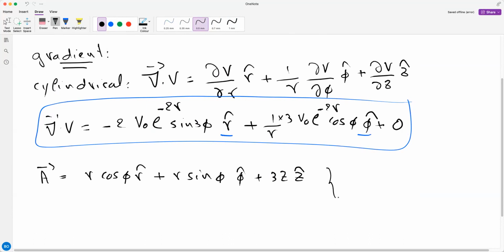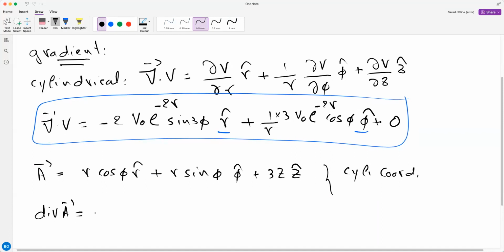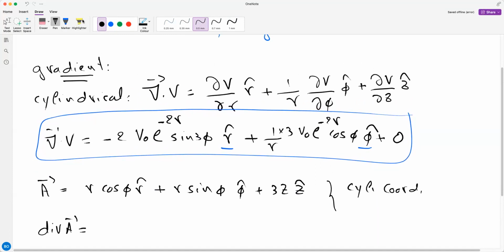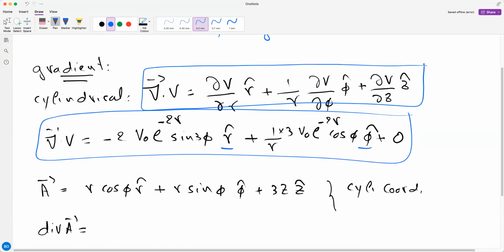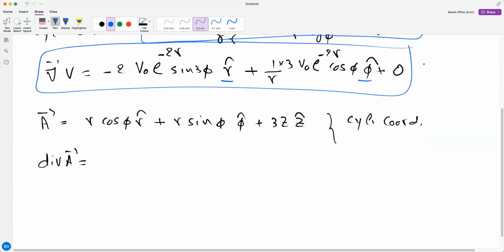It is clear that this is a vector represented in cylindrical coordinates. The question is to calculate the divergence of this vector. Now we want to go for an example on the divergence.